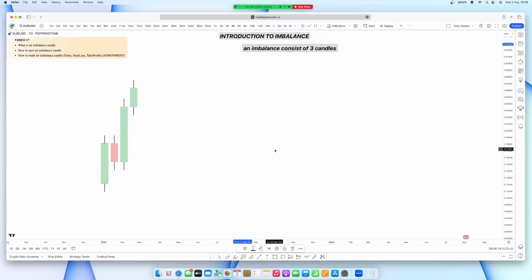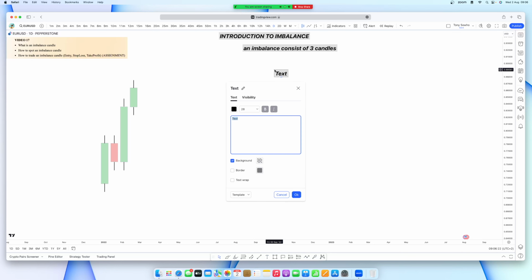The 3 candles are these: the first candle that starts the imbalance, the second candle that creates the imbalance, and the third candle that completes the imbalance.